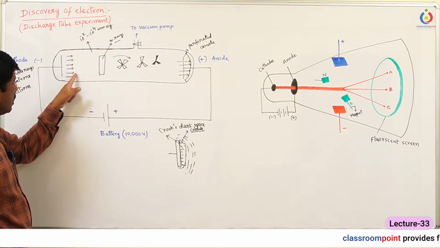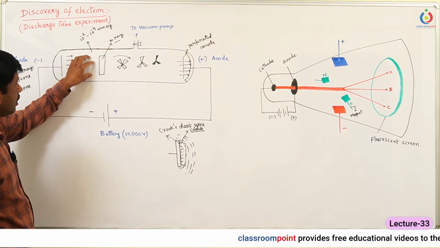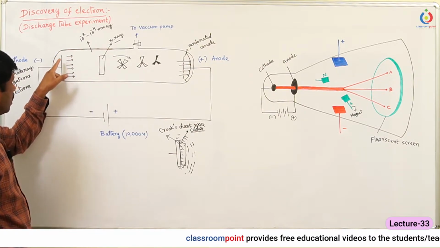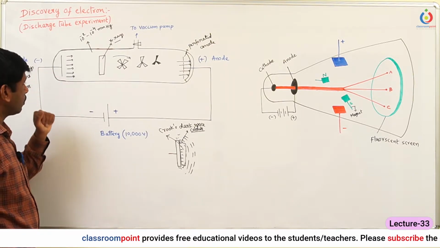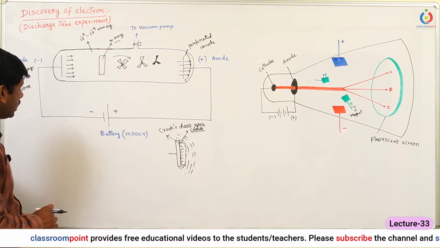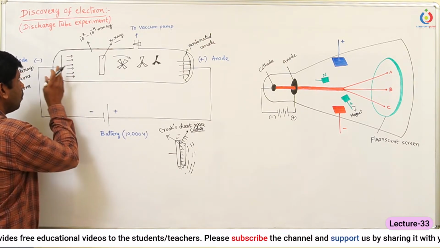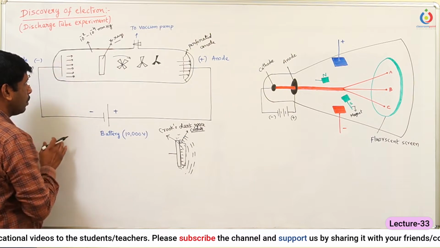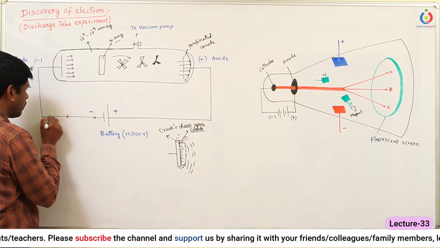This particle generation does not depend upon the nature of the gas taken in the discharge tube or the type of materials used for the electrodes. The reason is that the cathode rays are not given by the metal rod itself. Why? Because the electrons actually come from the battery.